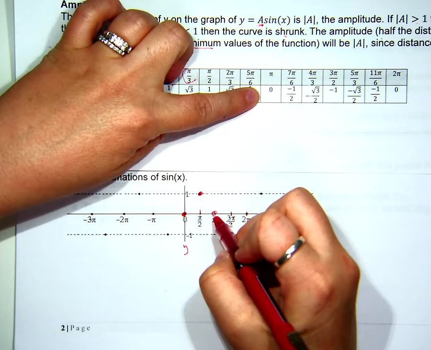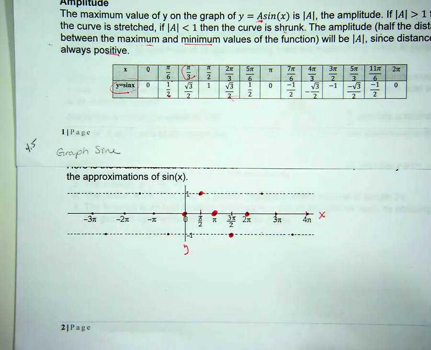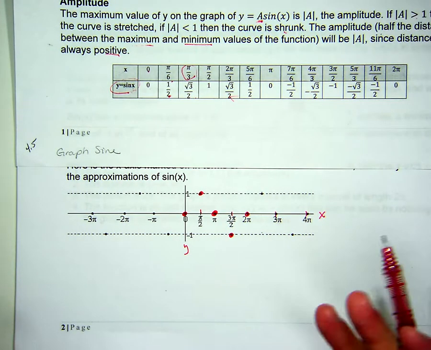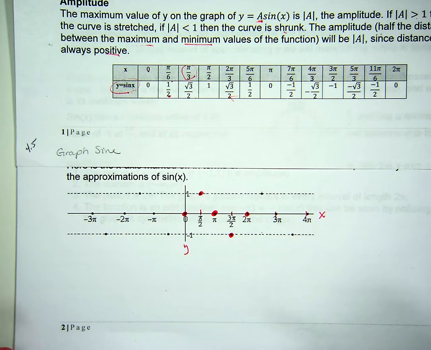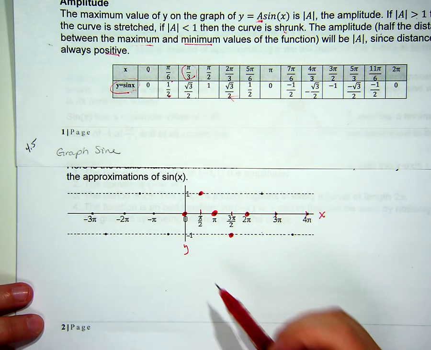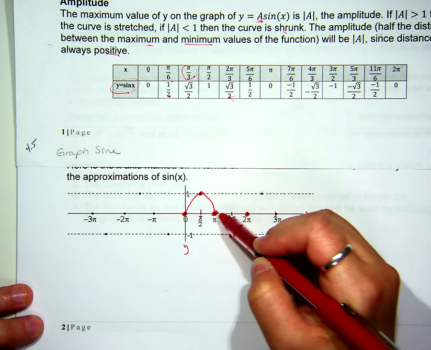Now, notice that sine waves, or sinusoidal waves, the basic idea is that it's a wave. Waves have a top and they have a bottom. So for example here, connecting your dots in smooth curved motions, I have a whole top wave and a whole bottom wave.